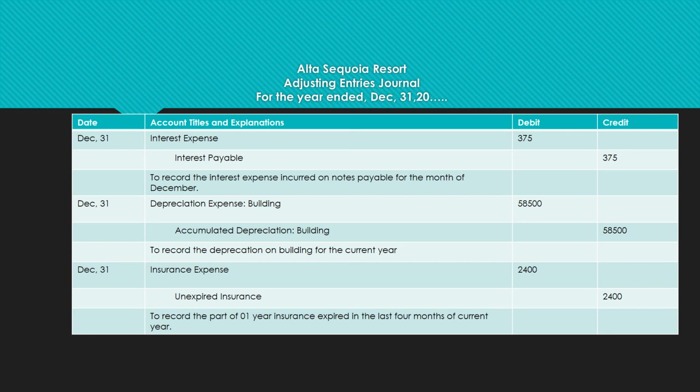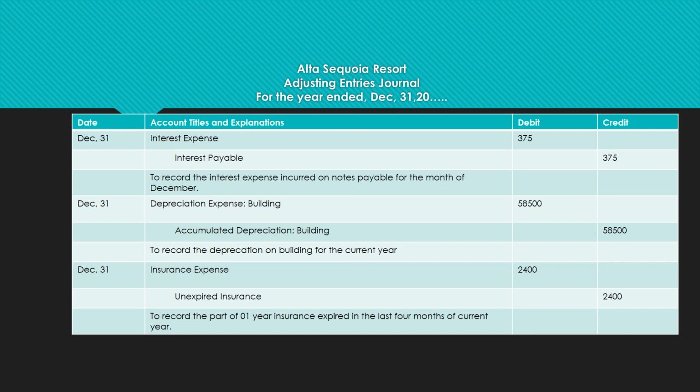Now the last transaction, transaction H. A 1-year fire insurance policy has been purchased on September 1. The premium of 7,200 for the entire life of the policy had been paid on September 1 and recorded as unexpired insurance.